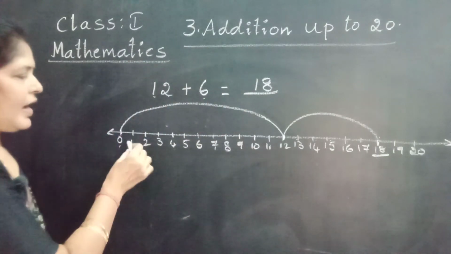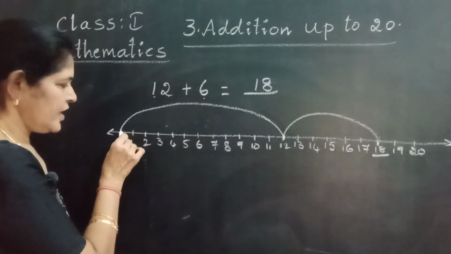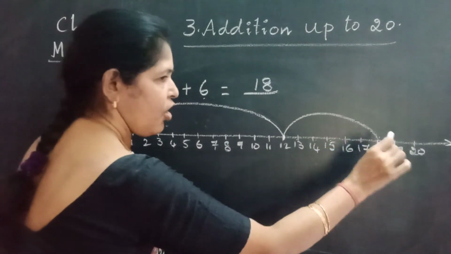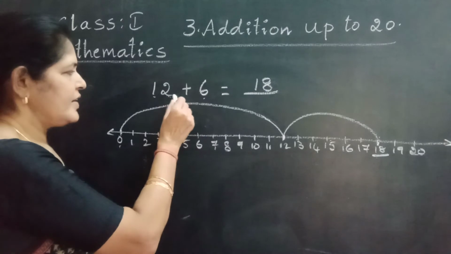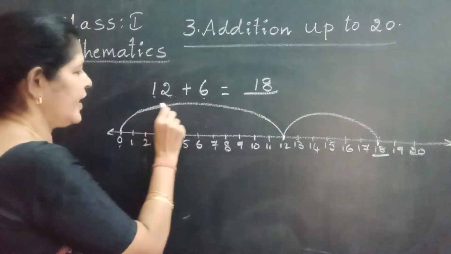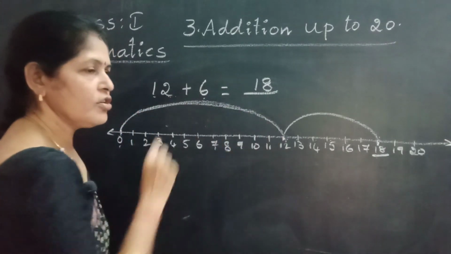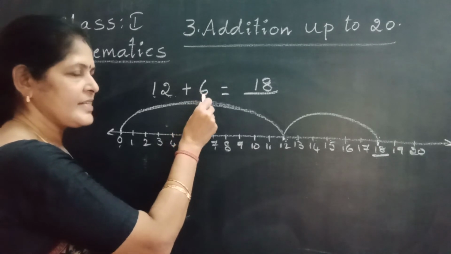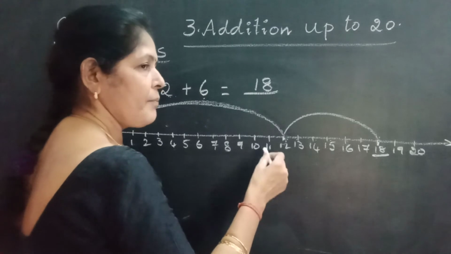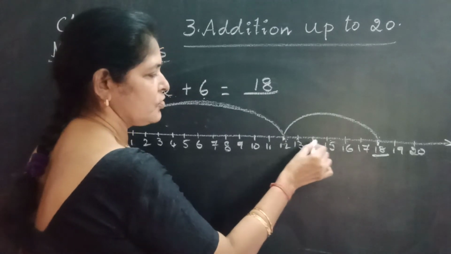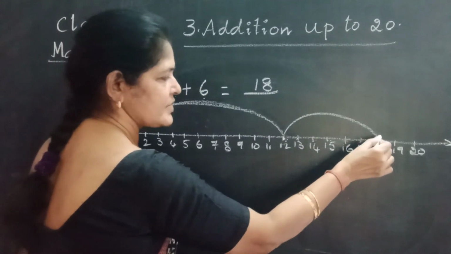Okay, number line means we start with 0 and write the numbers in order with equal gaps. First number is 12. That's why we take a line 0 to 12. Next number is 6. Next count 6 numbers after 12: 1, 2, 3, 4, 5, 6.